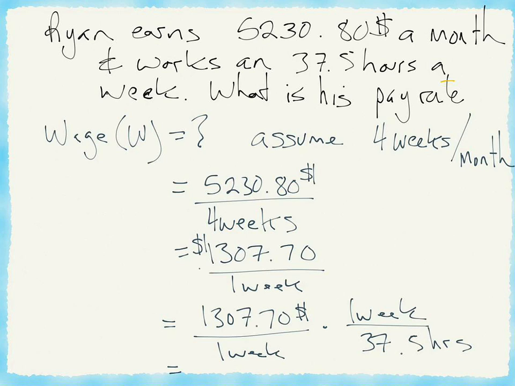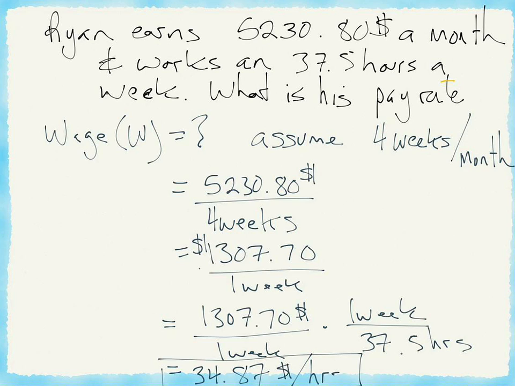And again, take our calculator. If you leave the value on the calculator from previously where we found this 1307.70 and then just divide it by 37.5, you don't actually have to risk making another error. So he earns $34.87 per hour. That's a pretty decent wage.